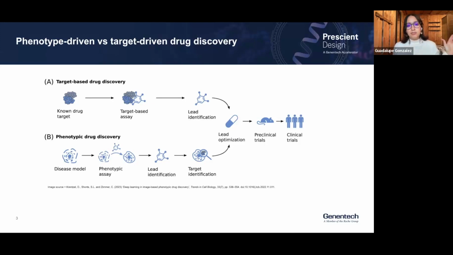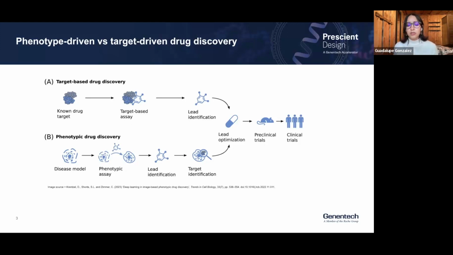So since the beginning of drug discovery, phenotypic-driven approaches were dominating, especially when we're thinking about natural compounds. These were discovered through seeing what their effects were in specific systems.